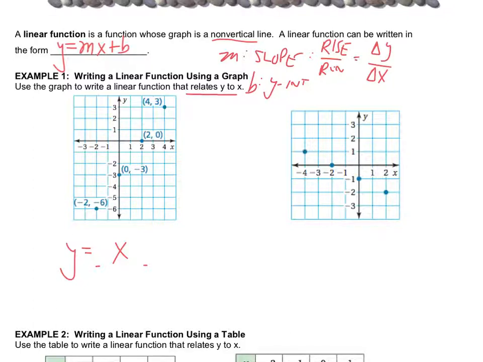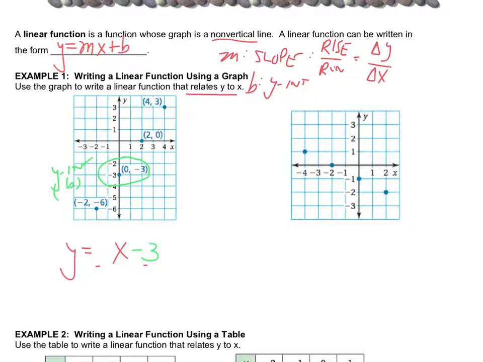Well, if I look at my equation, right here is where I see it crossing the y-axis. That would be my y-intercept, or my b. So that means minus 3 is going to be at the end of my equation. Now, what is our slope? What is the m? So remember, you can pick any 2 points on this to figure this out.